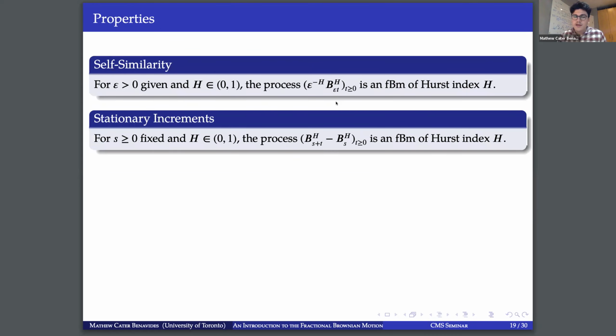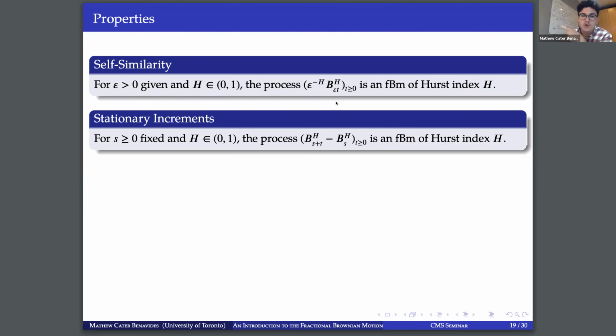Now, another property that carries over from the classical process to the non-classical process is the stationary increments property. What do we mean by stationary increments in a precise sense? It means that for a fixed S, i.e. a fixed time, and of course, a fixed Hurst parameter that's not equal to 1, that's important here, the process defined as follows is also going to be a fractional Brownian motion of Hurst index h.